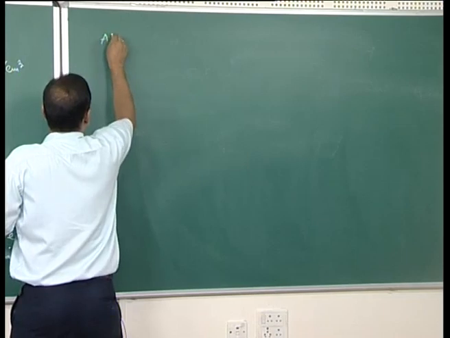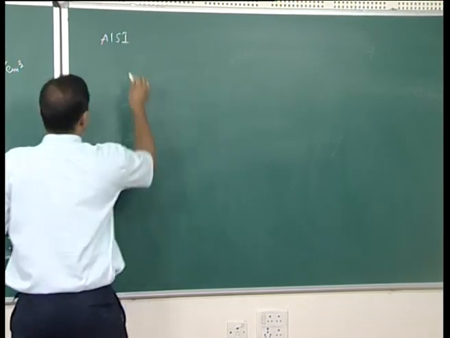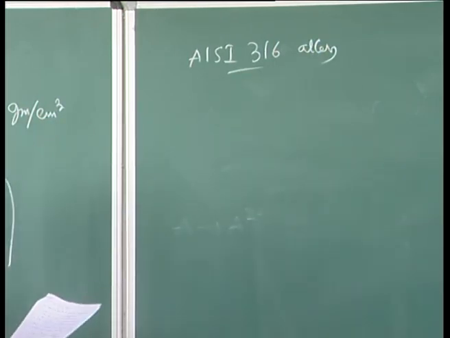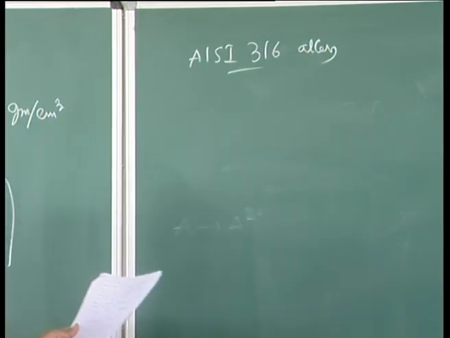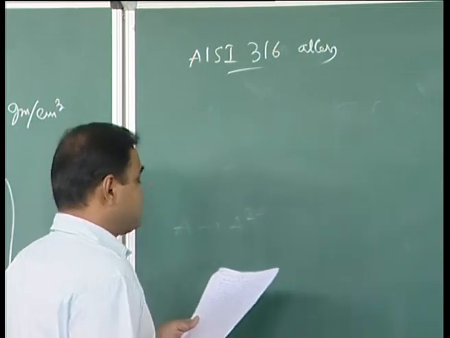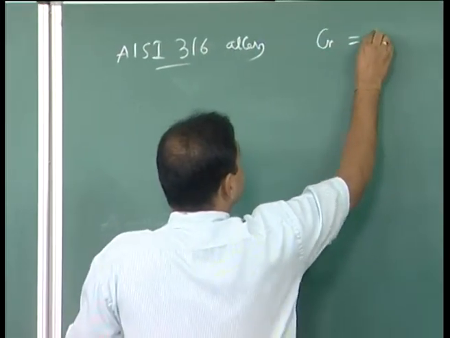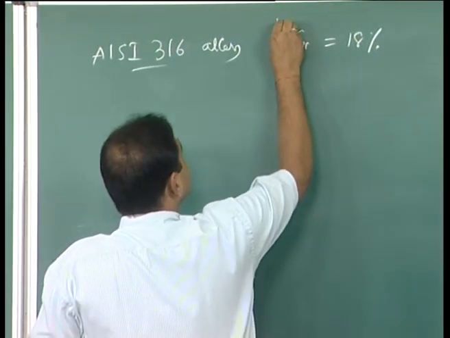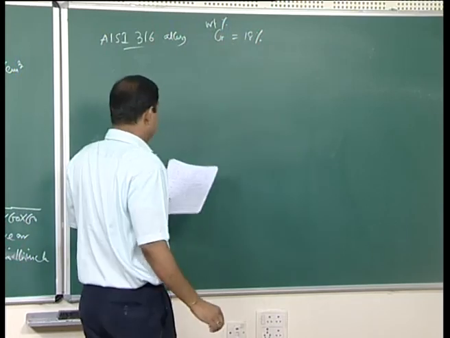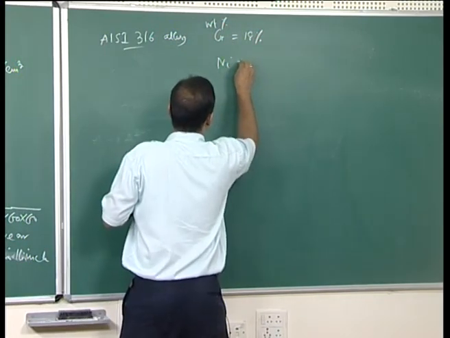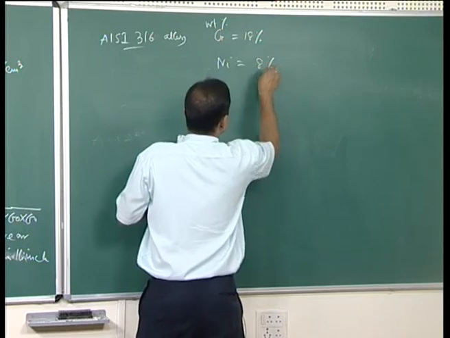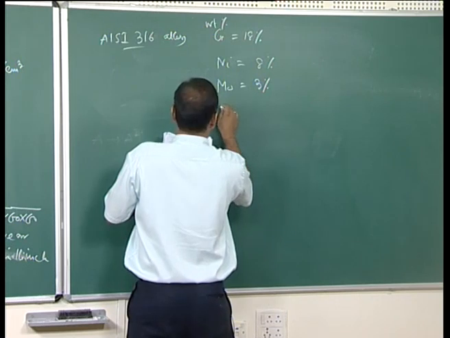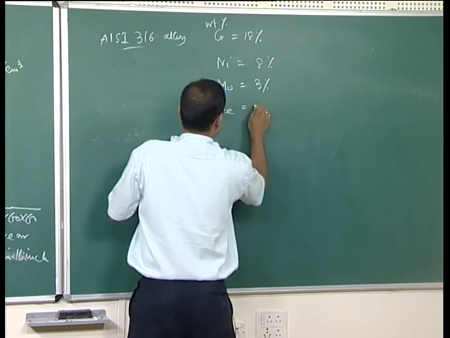Let us say AISI 316 alloy. Now I know the fractions of the different elements, all in weight percent. Chromium is 18%, nickel is 8%, molybdenum 3%, and Fe 70%.